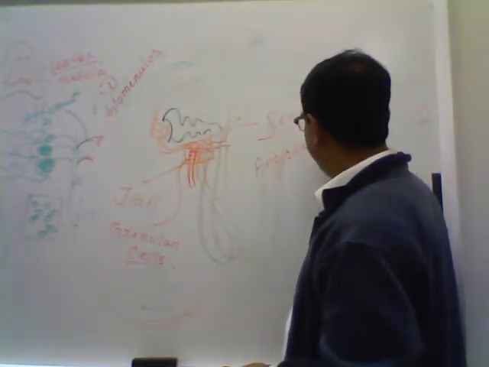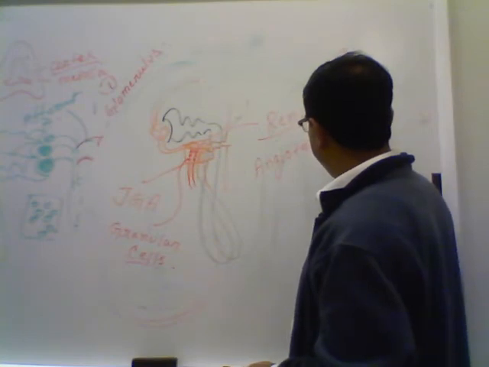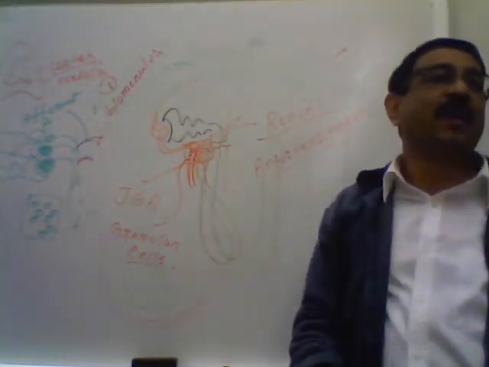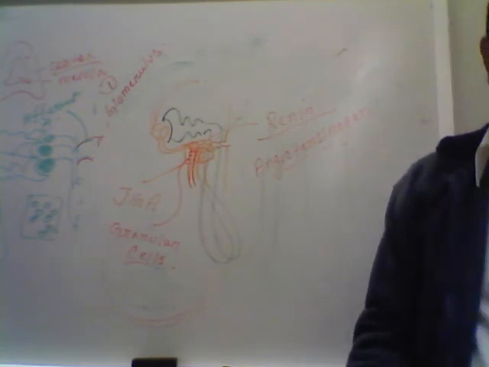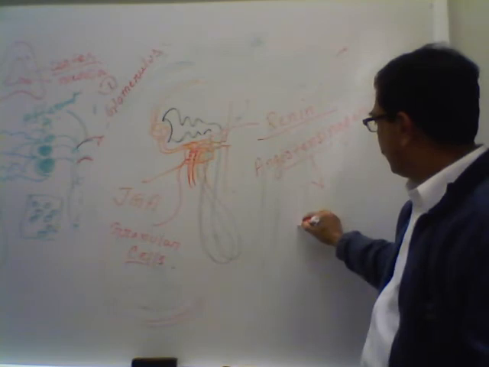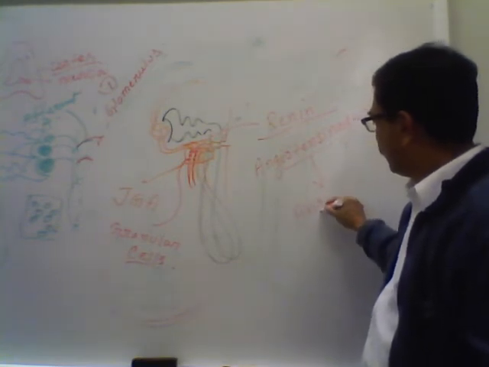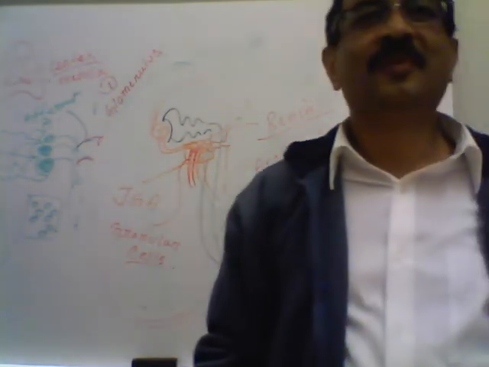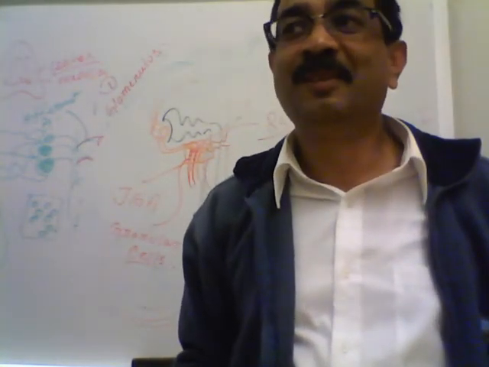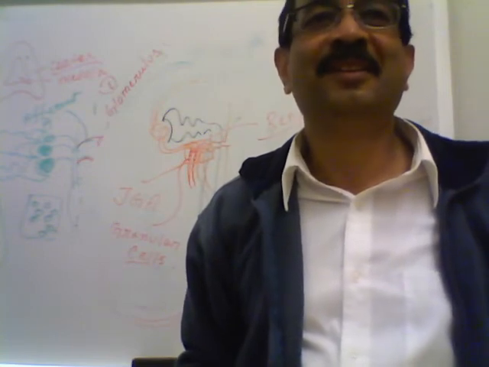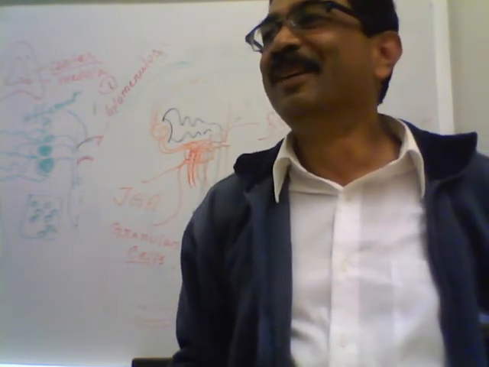Difficult name, right? Angiotensinogen. This chemical is present in the blood, and renin converts it to angiotensin. Angio means what? Anybody? Cardio means what?